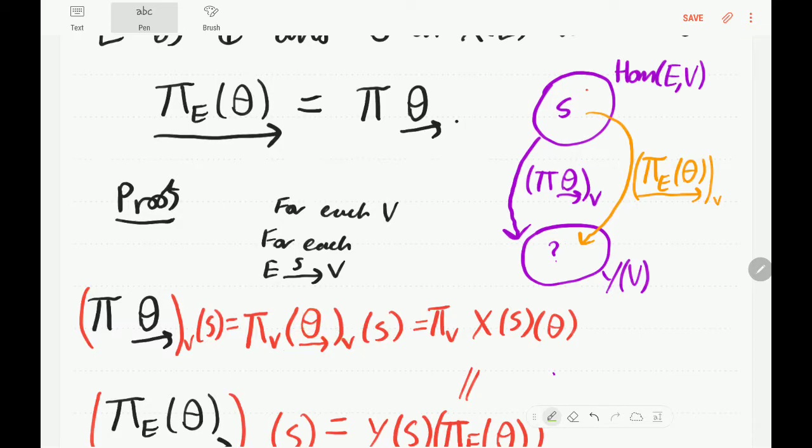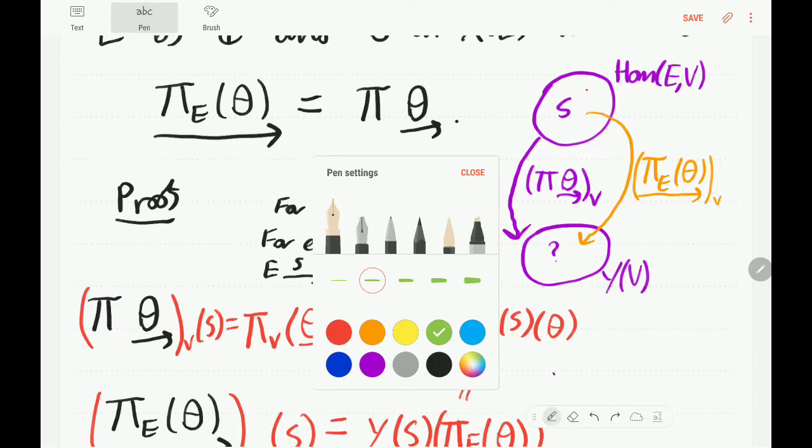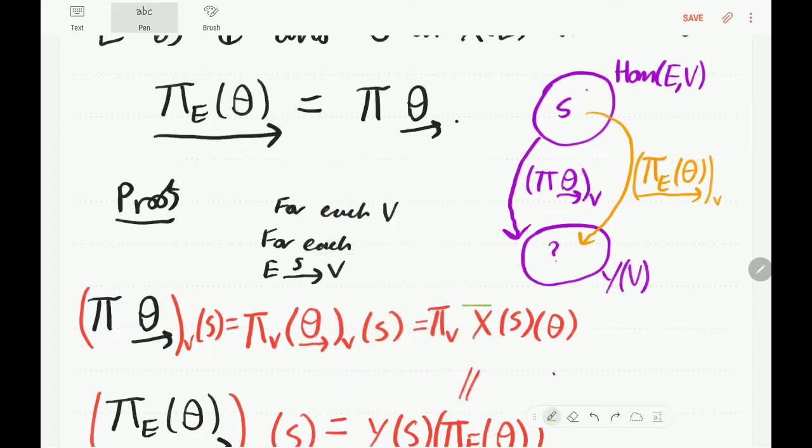So basically we know that doing the V component of theta under arrow on S just gives us x of S of theta. Okay, so we can rewrite this whole thing as just pi subscript V after x of S of theta. So that's okay. We've computed what happens to S under this purple arrow, and this is the result here. So all we have to do now is see what happens to S under the orange arrow. So let's do that.